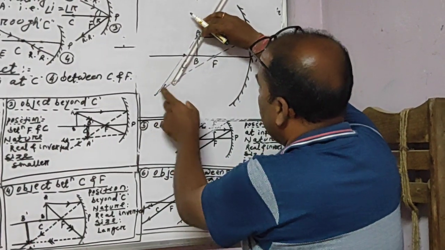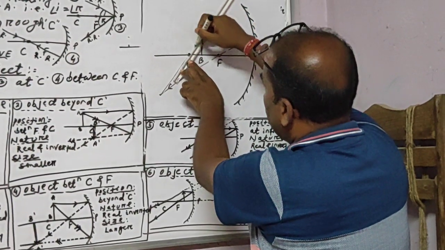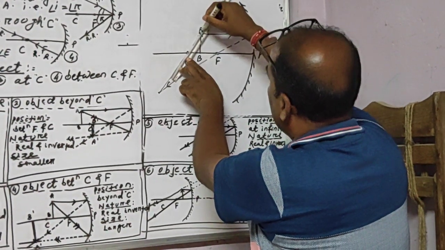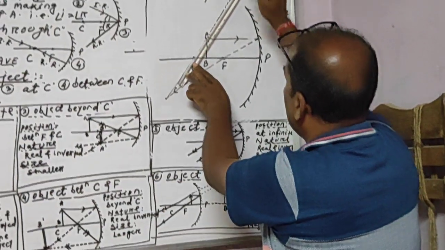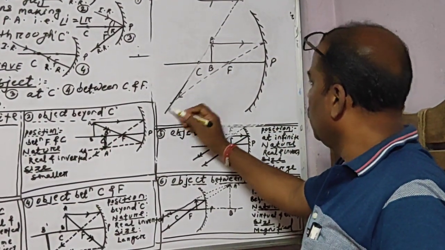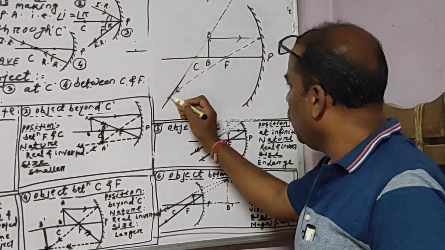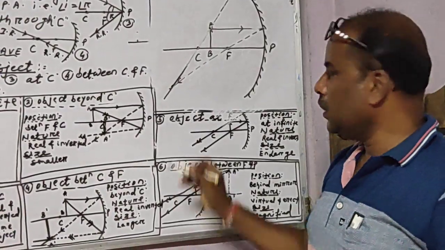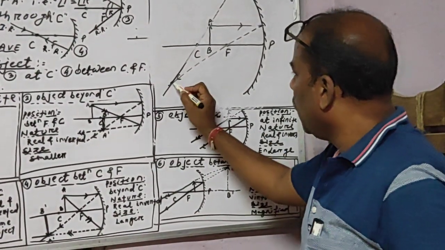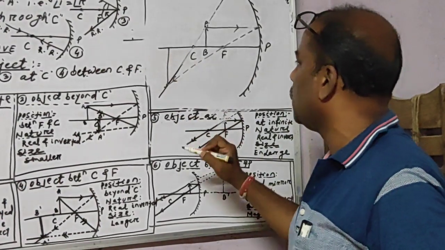Your scale will be downside, upside sufficient. Then you draw the line straight downside and upside also by dot mark, like that. Upside is dot mark and downside is a straight line. You will see this line and this line will intersect here. This intersecting point is the image point, and from this point you have to go straight perpendicular to the principal axis.